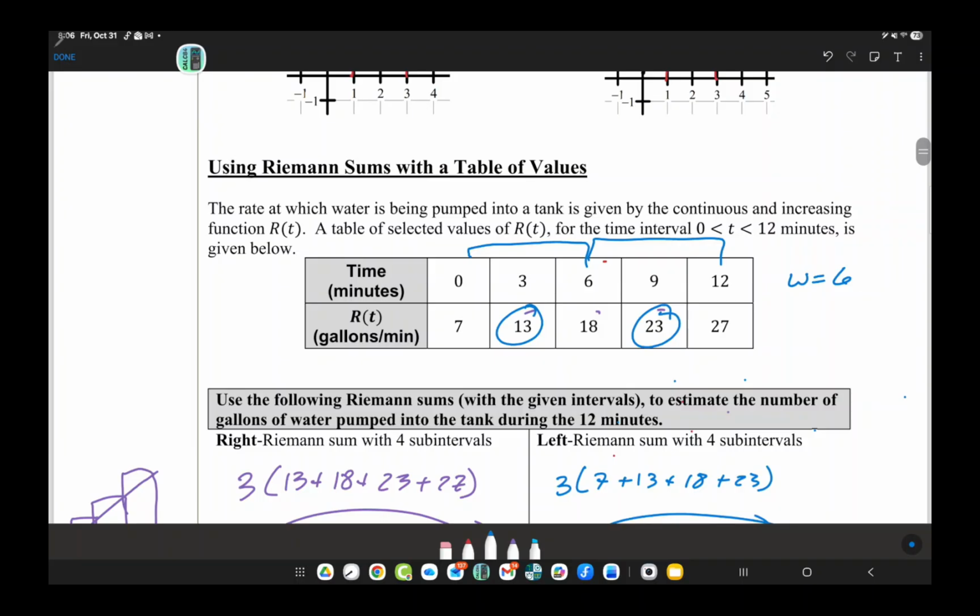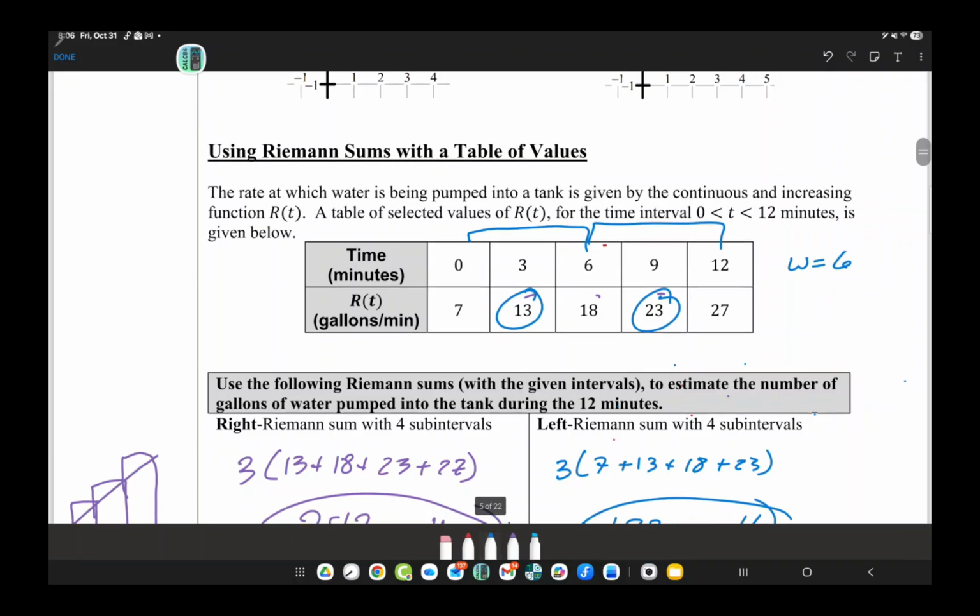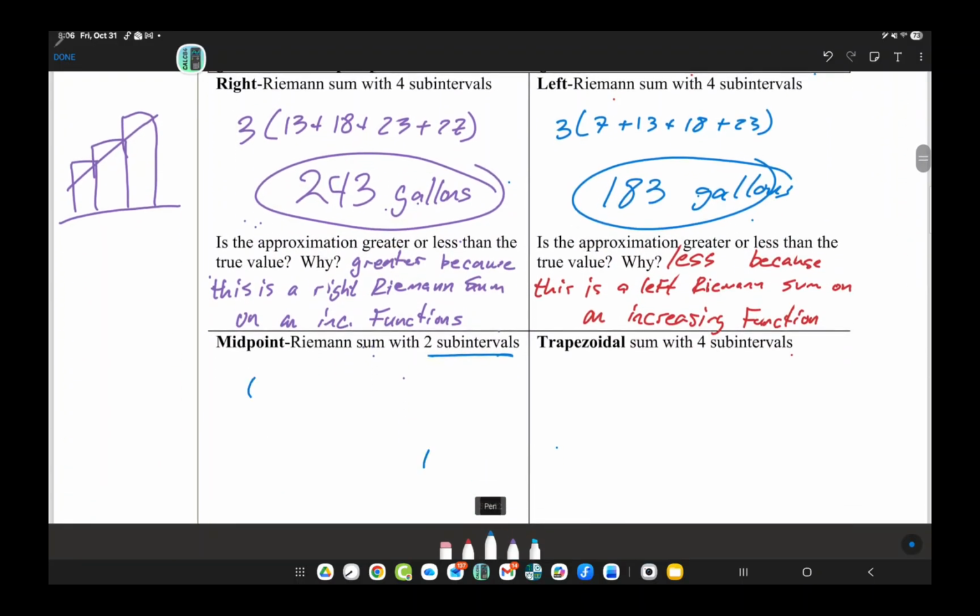So 6 times 13 plus 6 times 23, or 6 times 13 plus 23. And that gives you 216 gallons. Now, if we're asked to find the trapezoidal sum, what can I do?